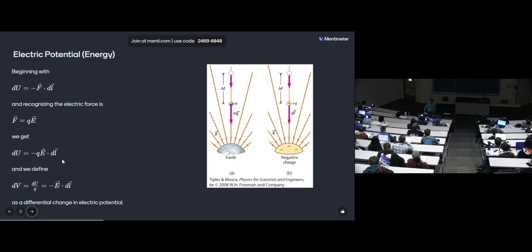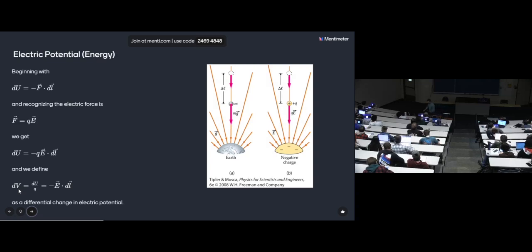And so what we want to define is if we divide by the charge everywhere, then we get a differential change in this thing that we're going to call V. So that's potential energy divided by a charge to experience that potential energy.